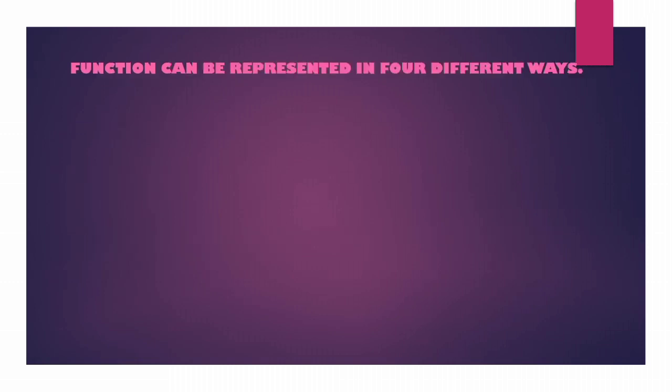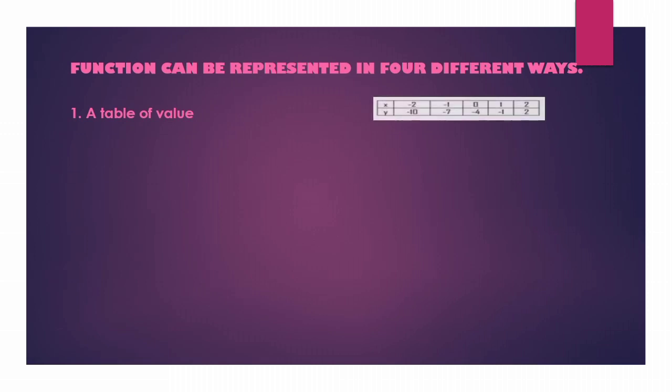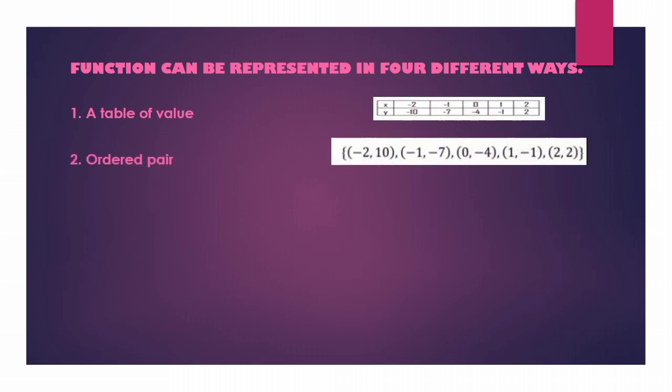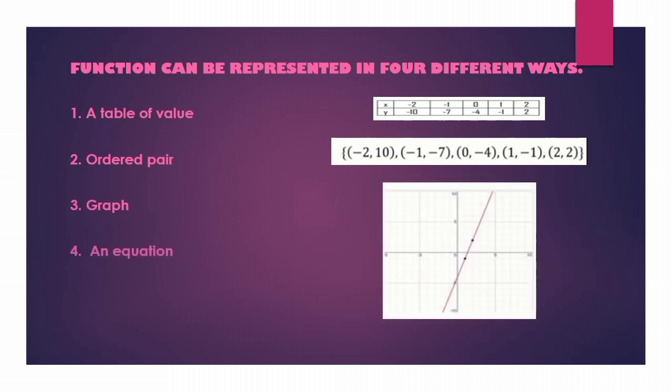So a function can be represented in 4 different ways. First, a table of values. Second, ordered pairs. Third, by a graph. And lastly, by an equation.